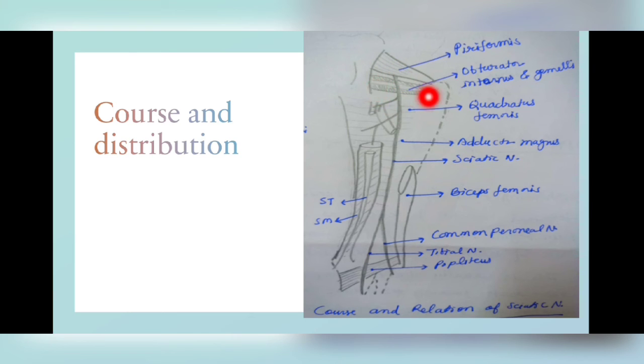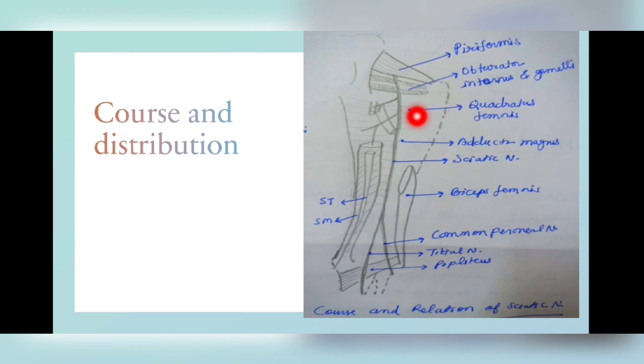It runs vertically downwards over the quadratus femoris muscle, and then over the adductor magnus, and finally bifurcates at the junction of the upper 2/3 and lower 1/3 of the femur, giving the tibial branch and common peroneal branch. So this is the course of sciatic nerve.